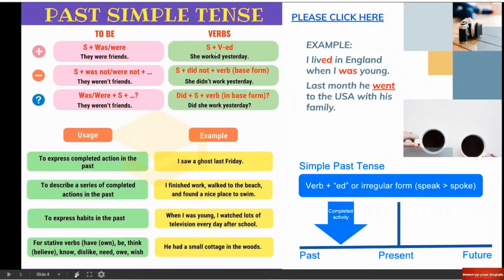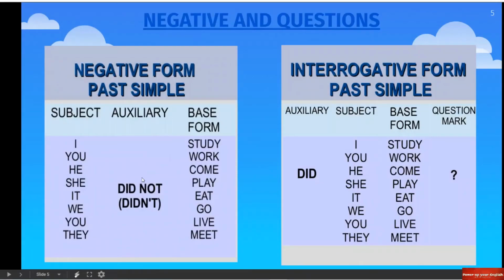So we no longer say worked because the D has already been used up by our auxiliary. So please remember, when you ask the question, you don't say did you worked or you didn't worked. You say you didn't work or did you work. So remember that the verb goes into the base form.